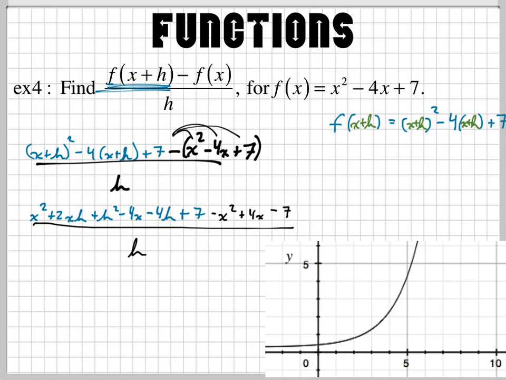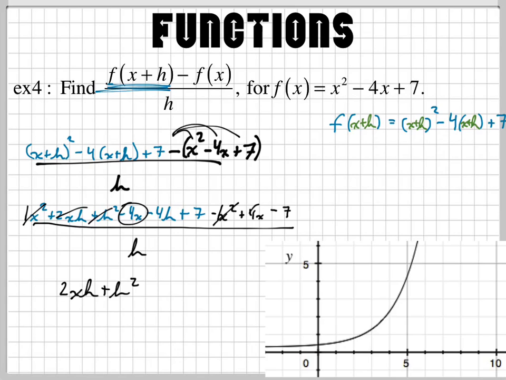All right, let's simplify stuff. How many x squareds do we have? Well, we have a positive 1 right there, and a negative 1 right here, so those cancel each other out. The 2xh, there's nobody like him, so I'm just going to write 2xh right here. Do I have anybody like the x or h squared? No, nobody like him. So I'm done with these guys. Anybody like the x term?